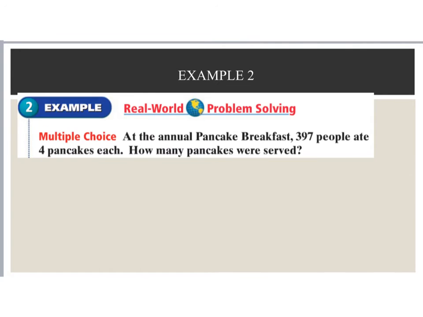So example 2 says, at the annual pancake breakfast, 397 people ate 4 pancakes each. How many pancakes were served? Well, in this case, we have 397 people that ate 4 pancakes. If we are doing mental math, we can take that 397 and turn that into 400 minus 3, and then we just multiply it by 4.